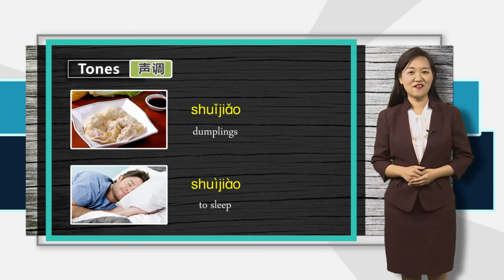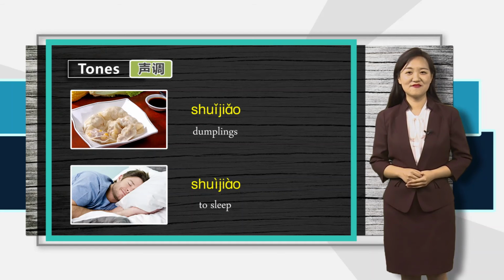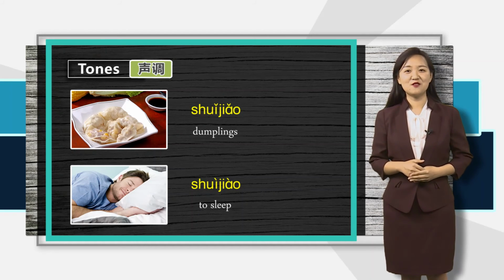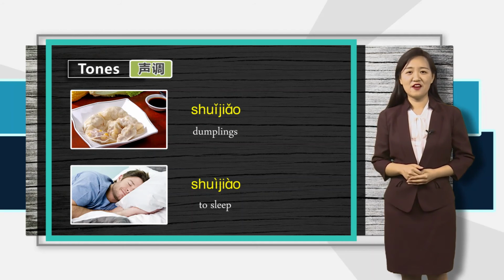Let me tell you a story about the tones. Once there was a foreigner who was not very good at tones. One day he wanted to buy some dumplings, so he went to a shop and told the seller, 我要睡觉. The seller got very confused, so the foreigner said it again, 我要睡觉. And the seller showed him the direction to a hotel.